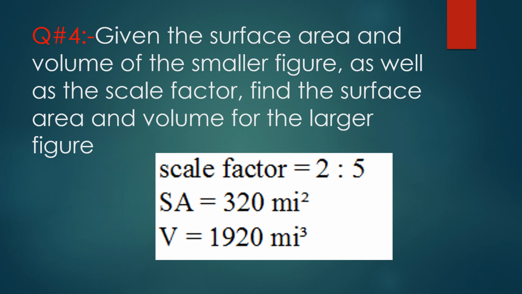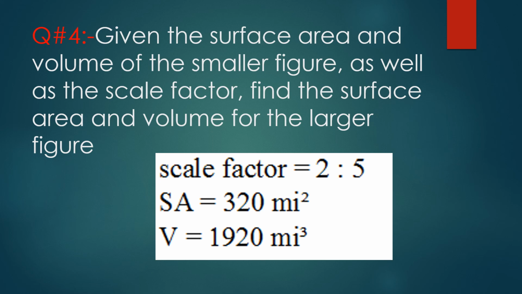So how are you going to find the surface area 2? Surface area 1 to surface area 2 is equal to 2 squared over 5 squared, which is 4 over 25. Then 320, which is surface area 1, over surface area 2 is equal to 4 over 25.